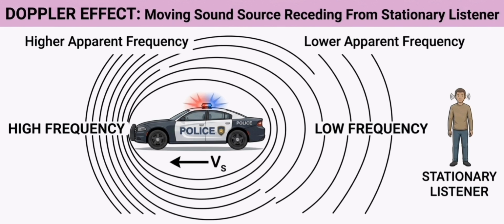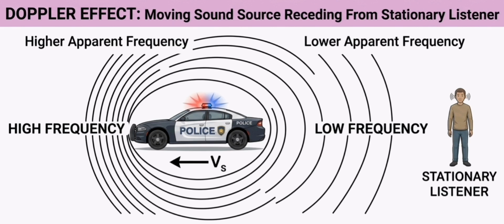Here's another one. I won't actually explain much because it is the opposite of what we were talking about before. So when the sound source moves away from a stationary listener, the sound waves behind the source are further apart and have a longer wavelength.